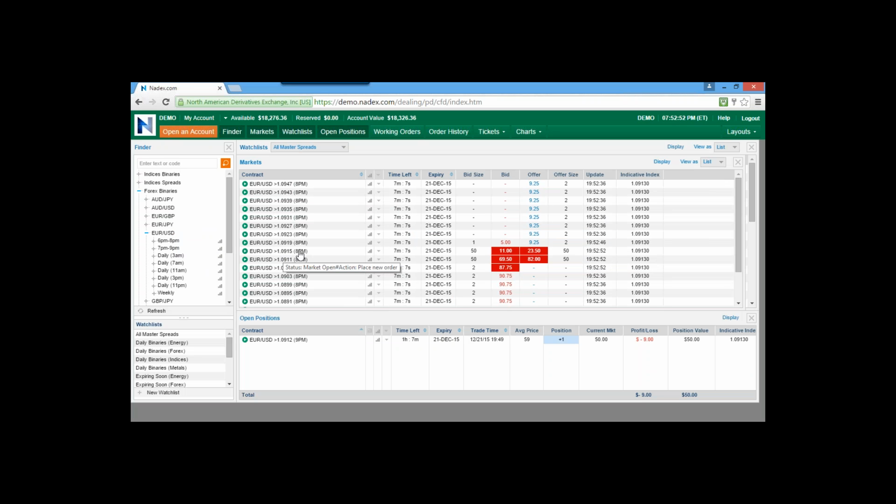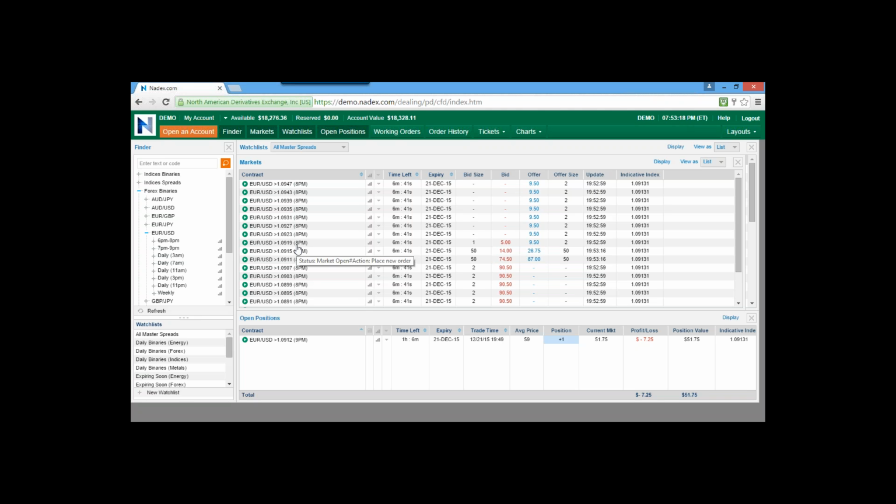If it doesn't move up, what's going to happen to this price the closer and closer it gets to expiration? Is it going to move up closer to 100 or move down closer to 0 because the market's not there yet? Yeah, the price is going to erode. Because at expiration, it's got to get closer to 0 or 100.